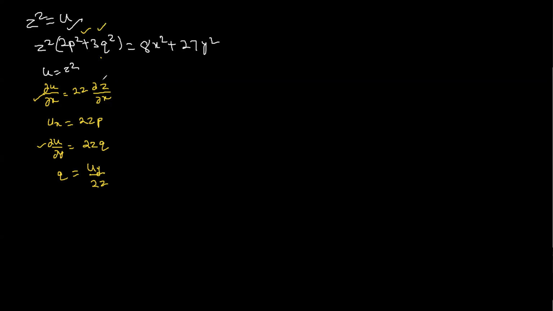When you replace p and q, you will get z square times 2p square, which means Ux upon 2z whole square, and plus 3 times Uy upon 2z whole square, and right side is 8x square plus 27y square.